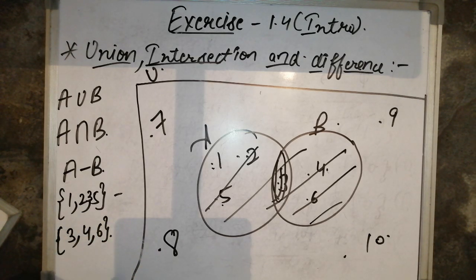Subtraction of A minus B will be 1, 2, 5, okay? Students, note that I have written 1, 2, 5, not 4 or 6. The only reason behind this is that we will take the elements of the single set from which we are subtracting, which is 1, 2, 3, 5, and the element which is present in both sets we will cut, okay? And the rest of the elements we will leave as usual, okay? So the answer is 1, 2, 5.